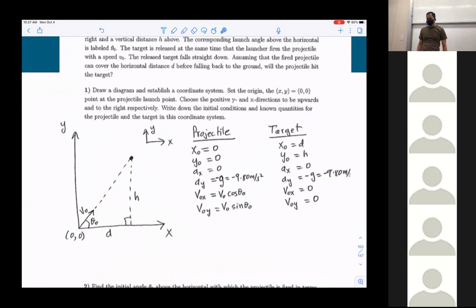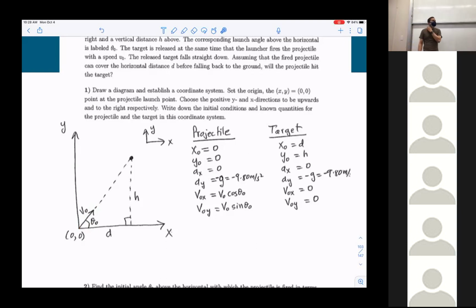Let's say that the target is sitting at some height h, a distance d from where the projectile is launched. Right, so just give it some names, h and d. And let's say that the initial launch speed, let's call that v naught, and the initial angle is theta naught.